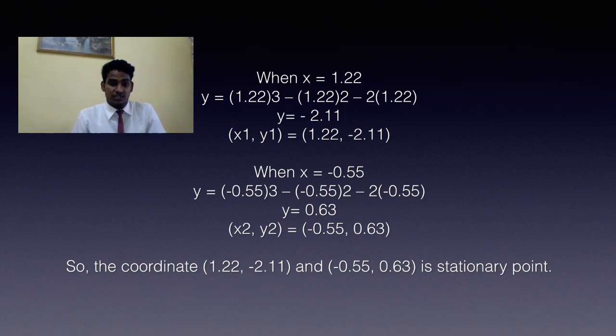Okay, when x equals negative 0.55, y will be negative 0.55 power of 3 minus negative 0.55 power of 2 minus 2 bracket negative 0.55, and the answer will be y equals 0.63. So when x equals negative 0.55, then y equals 0.63. So the coordinates 1.22, negative 2.11 and negative 0.55, 0.63 are the stationary points.